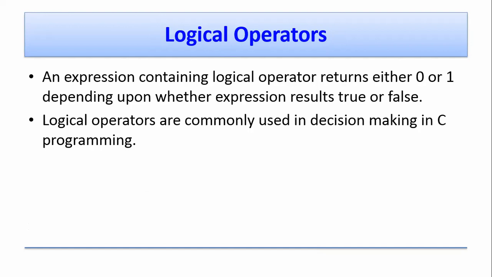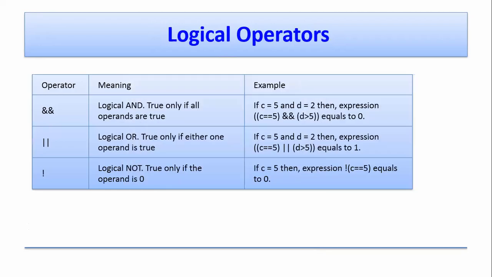Logical operators are commonly used in decision making in C programming. I think you may have studied these logic gates in computer architecture, right? If it is AND, both inputs should be true, then only the output is true.